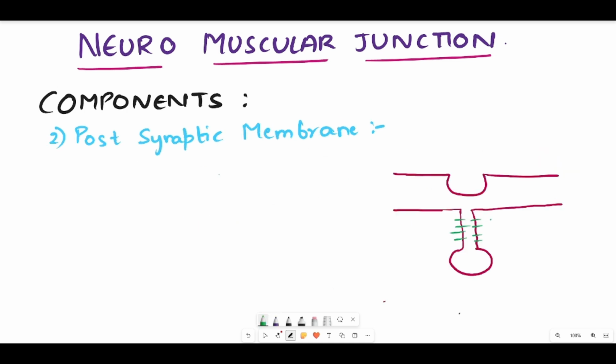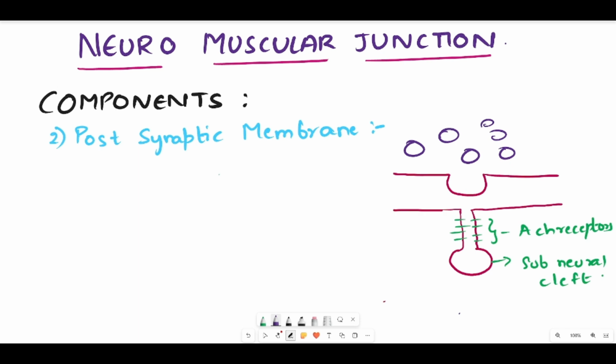This part is called the acetylcholine receptors. Similarly, this part is called the subneural cleft. And here we will be having some vesicles. So these are called vesicles.